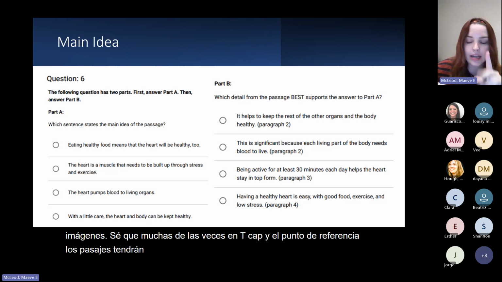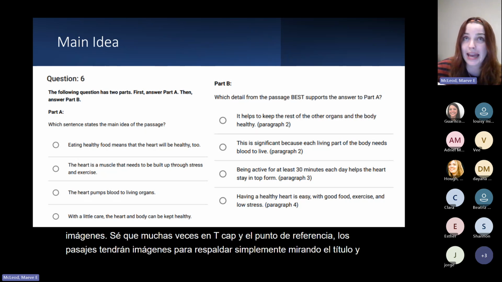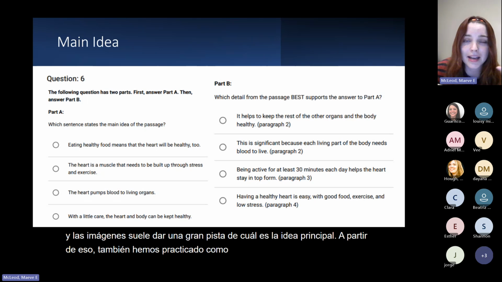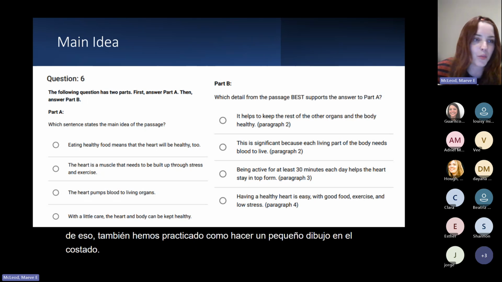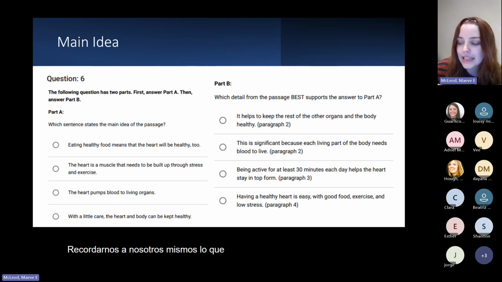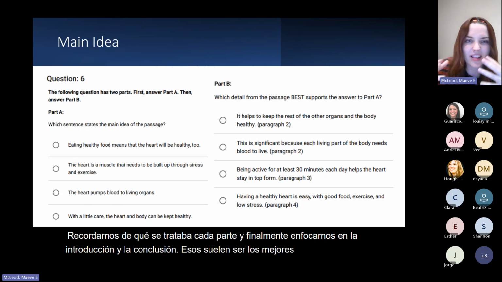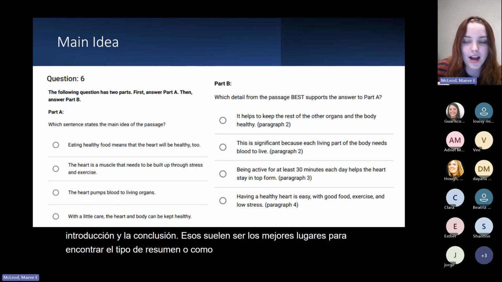Simply looking at the title and pictures usually gives a really big hint as to what the main idea is. Going off that, we've also practiced drawing a little picture on the side to remind ourselves what each part was about. And finally, focusing on the intro and conclusion. Those are usually the best places to find the summary or the main idea of the passage.